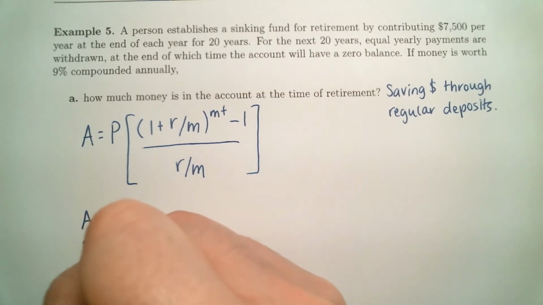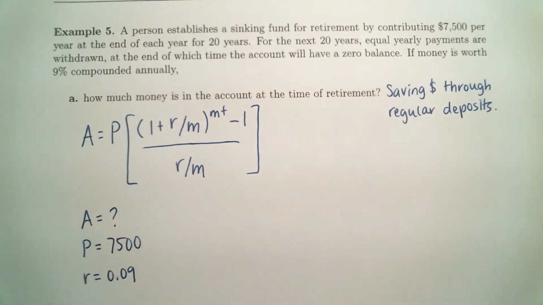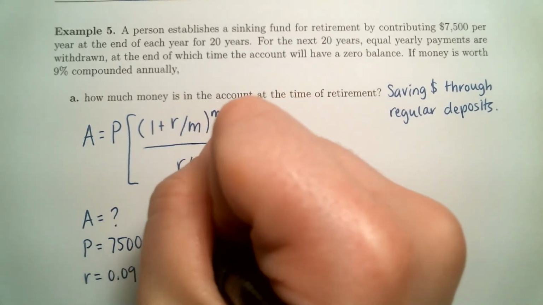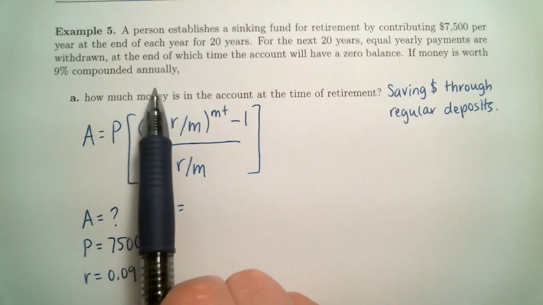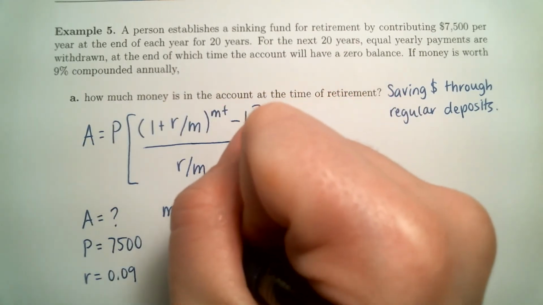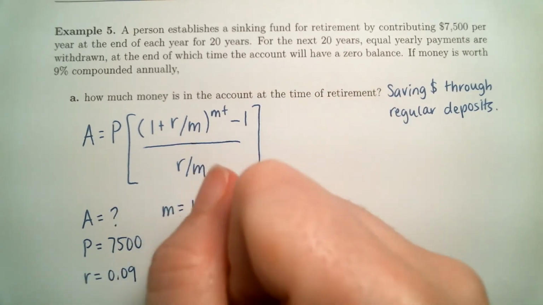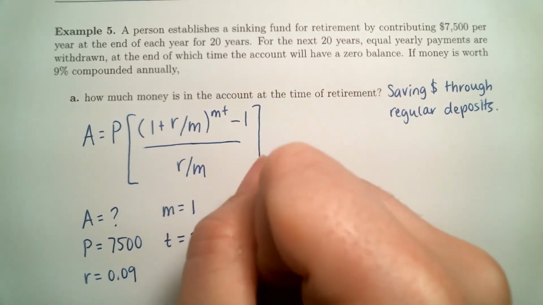R is the interest rate, which is 9%. M is how often the person is making a deposit, which coincides with how often the interest is compounded. Everything is done annually, so M is going to be 1 here. And then T is 20 years.